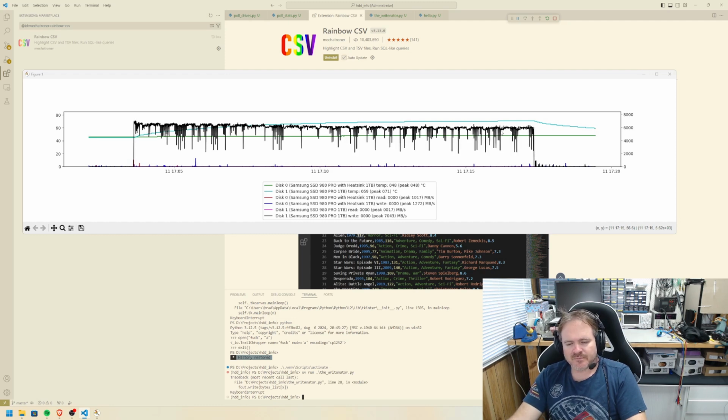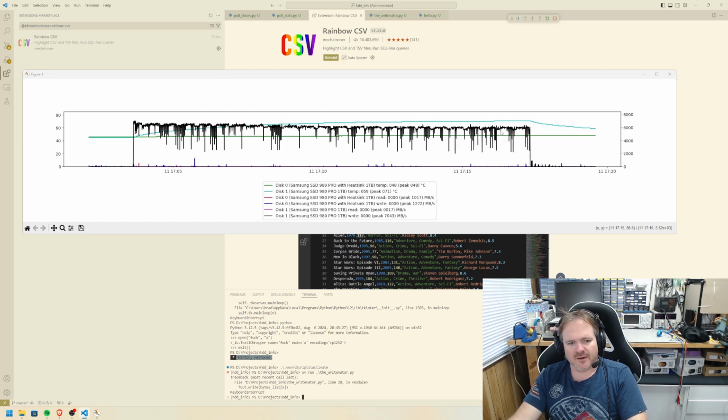So, silicon isn't magic. There is an operating temperature, and 83 is certainly getting on the toastier side of things. So it makes sense that there was thermal throttling taking place.